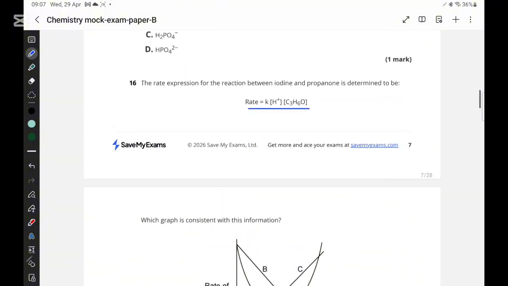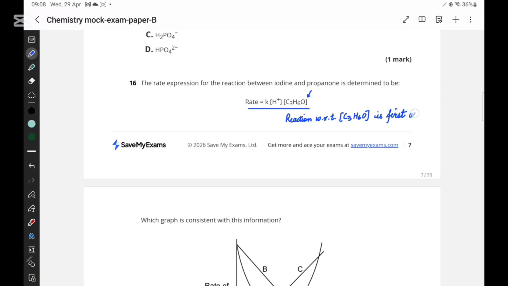First of all, if we see the rate equation, at the top of propanol there is nothing written there. If there is nothing written there, that means the reaction with respect to propanol is first order.